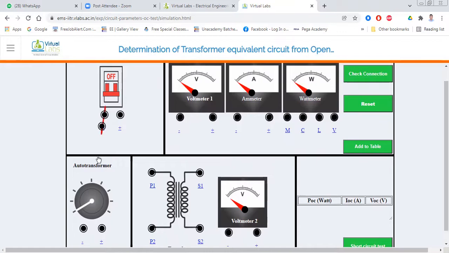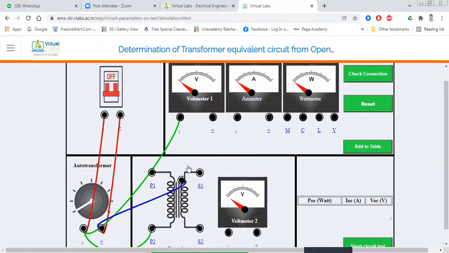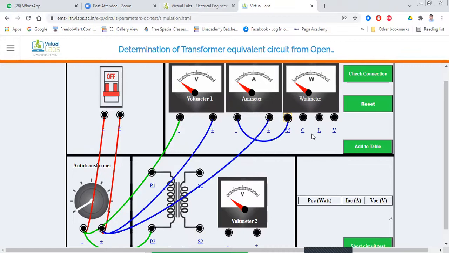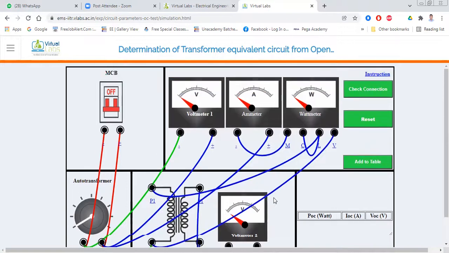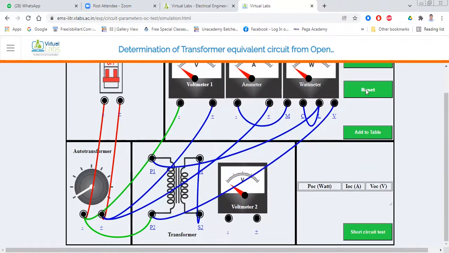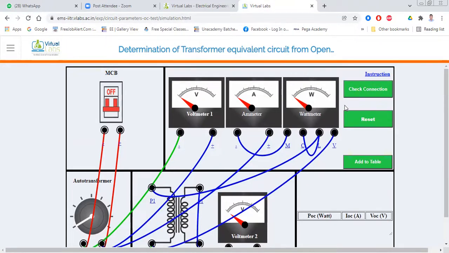No problem, connecting the circuit again. The connection is right, but they are showing the wrong connection. I think we do not need the simulation for the short circuit test.